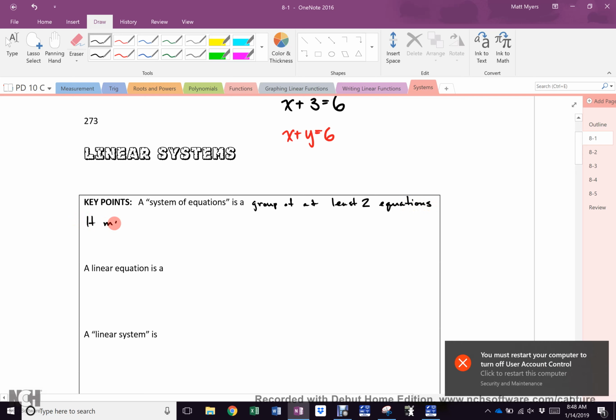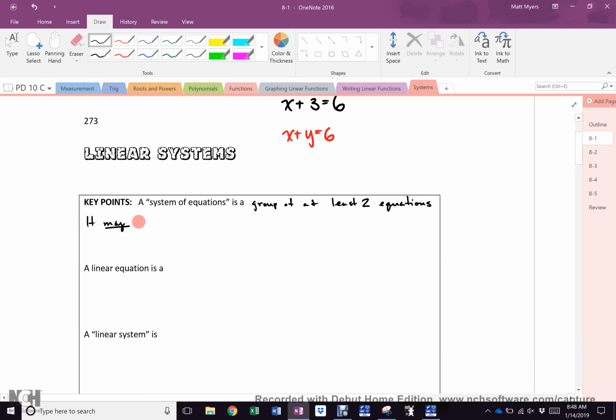It may have a solution. Which means what? If it may have a solution, what's the opposite side of that coin? It may not have a solution. There is no guarantee. Everybody cool?